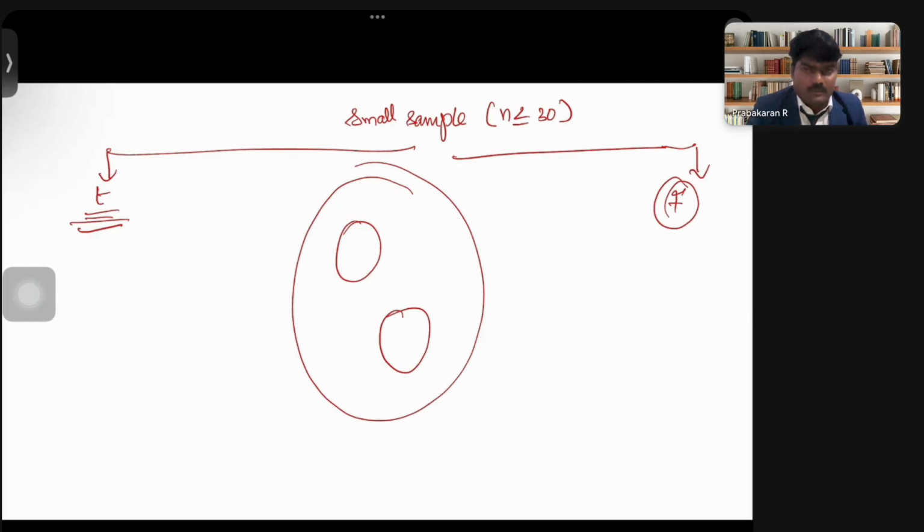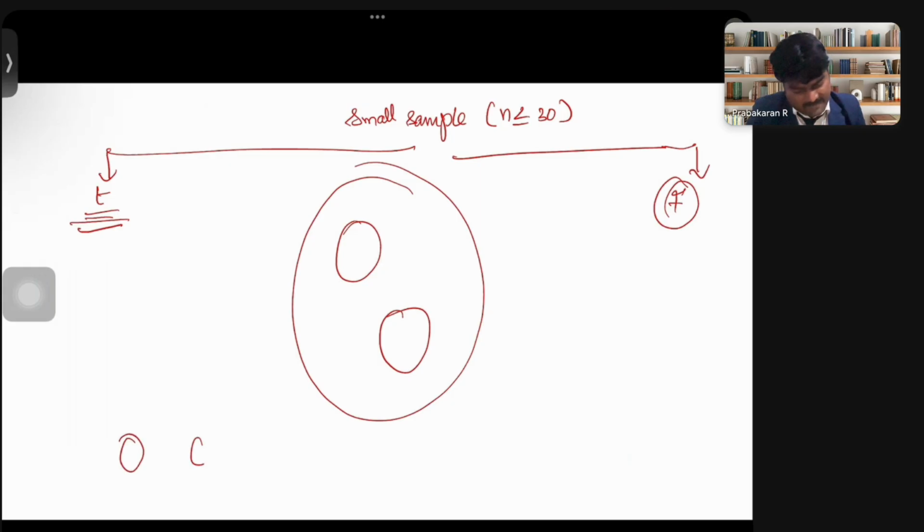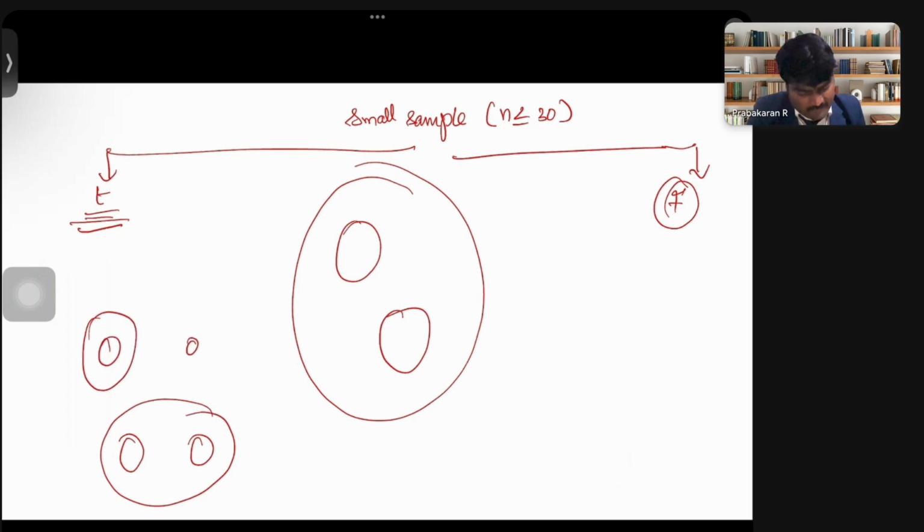Moreover, this is how we can create the hypothesis. If the two samples come from the same population, we conclude that the two samples come from the same population. In the other case, they do not come from the same population. That means the two samples come from different populations. This is the significance between the t-test and the f-test.